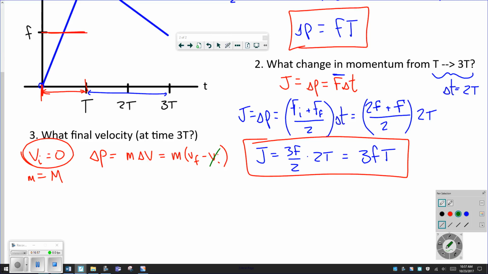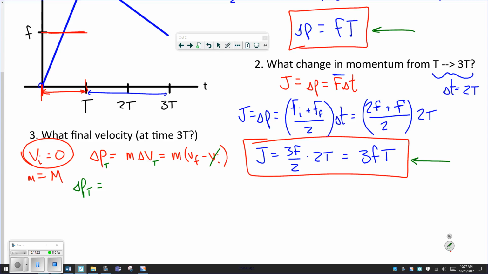And if we know the total impulse, we can find the total delta v. So what's our total impulse? Well, look, from 0 to T, we had that much change in momentum. From T to 3T, we had that much change in momentum. So our total delta p is 4fT.